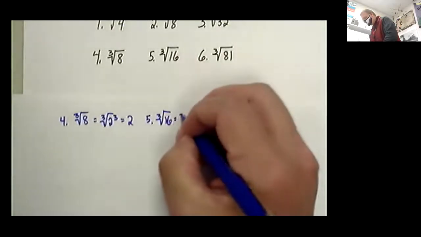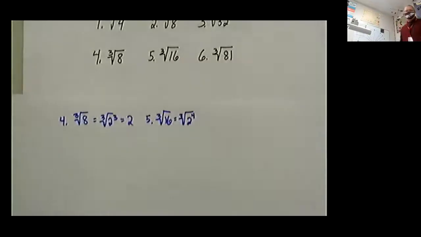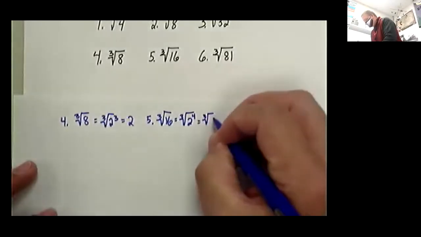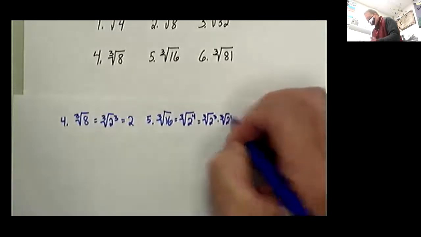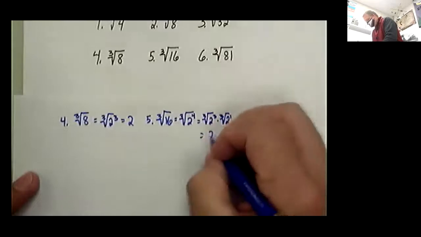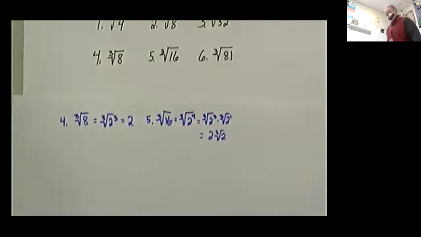Well, we want that in exponential form, 2 to the 4th power. Every 3 exponents now will cancel. So I'm going to rewrite this as the cubed root of 2 to the 3rd times the cubed root of 2, really 2 to the 1st, but that's the same. This one becomes just a 2. The index and the power cancel. This one has to be left inside the root as the cubed root of 2.